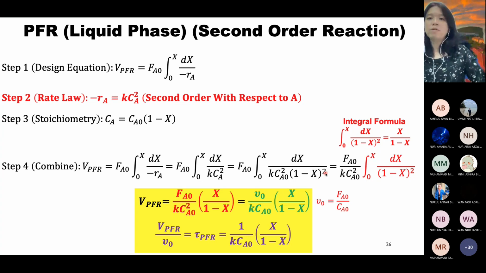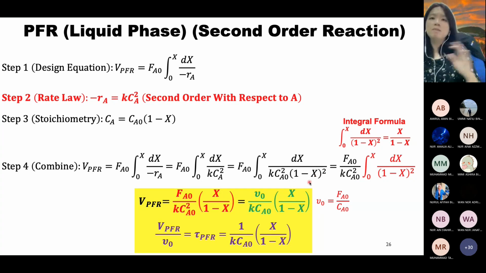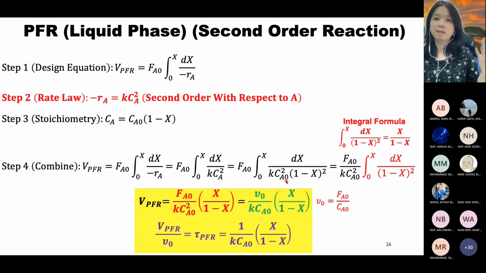So CA power of 2 equals to CA naught power of 2, 1 minus X power of 2. Kedua-duanya harus dikuasakan terhadap 2. Okay, similar concept. K and CA naught square, dia takkan diamirkan terhadap X, ataupun erti kata lain, dia takkan berubah dengan X. Okay, sebab nilai reaction rate constant K kan hanya berubah dengan temperature. Kamu tukar apa conversion pun nilai K masih sama.